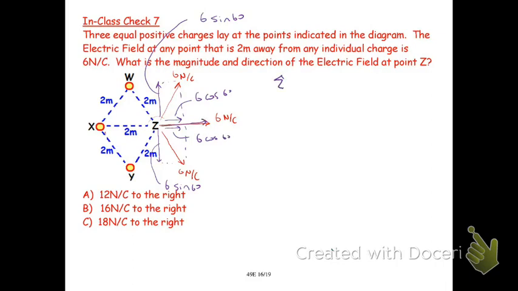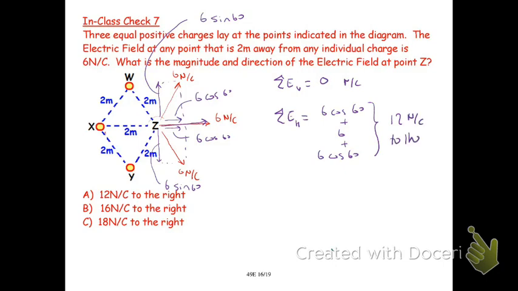So the sum of the electric fields vertically equals 0 newtons per coulomb. The sum of the electric fields horizontally is equal to 6 cosine 60 plus 6 plus 6 cosine 60. So that equals 12 newtons per coulomb to the right.